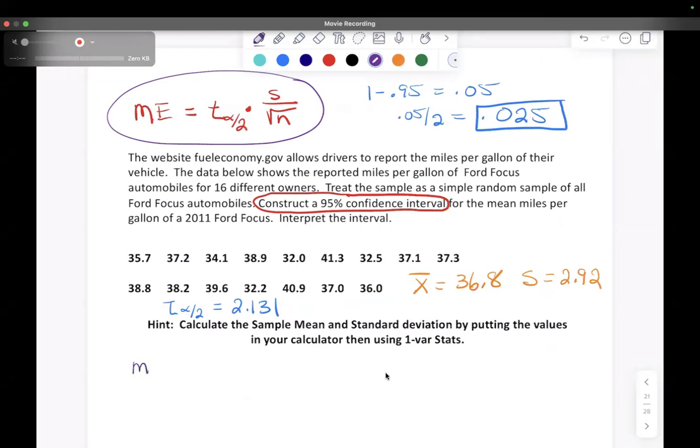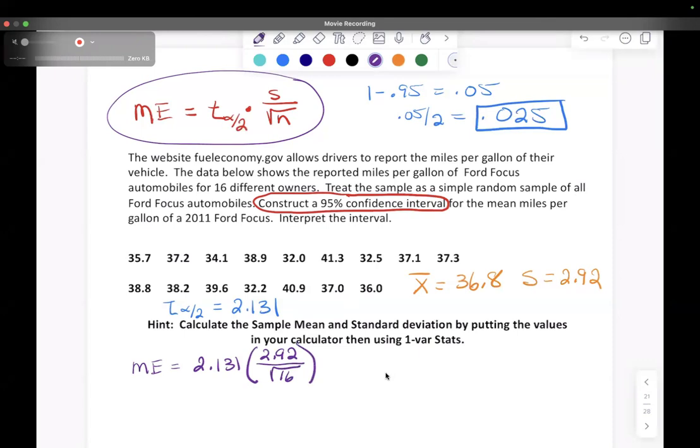So my margin of error is 2.131, and I'm going to use parentheses, 2.92 divided by square root of 16. 16 is our sample size.